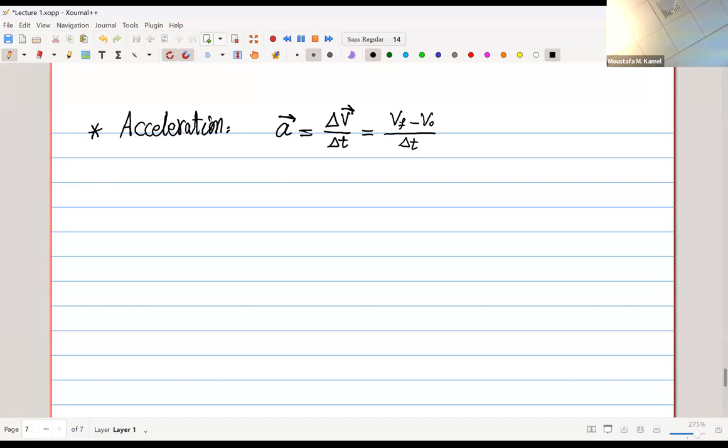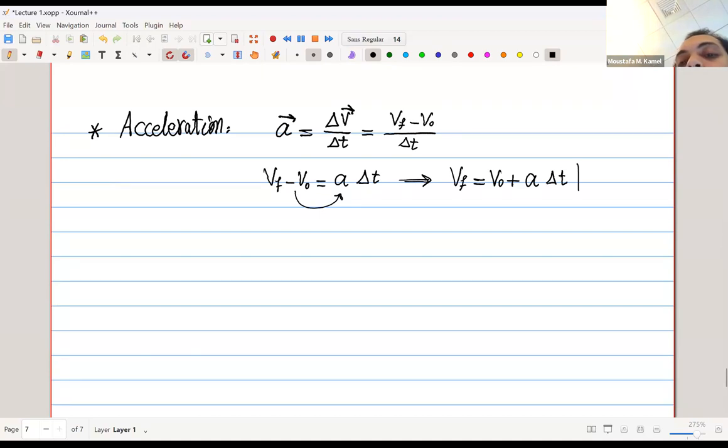And with some algebraic manipulation, we can multiply both sides by delta T. So we get V final minus V initial equal A times delta T. And we can put that to the other side. So V final equal V initial plus A times delta T. Guess what?